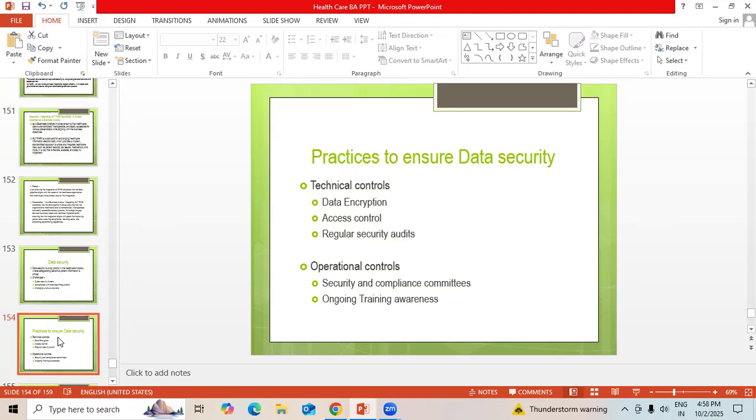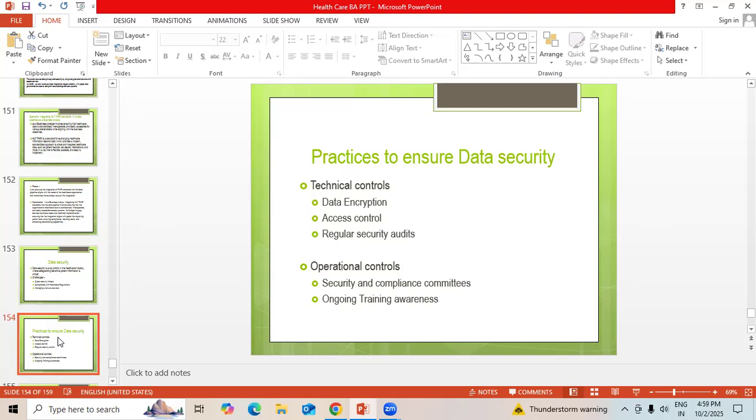Now, second, the operational controls. The first one is security and compliance committees, because establishing a dedicated committee to oversee security and compliance ensures these areas receive necessary attention and resources.